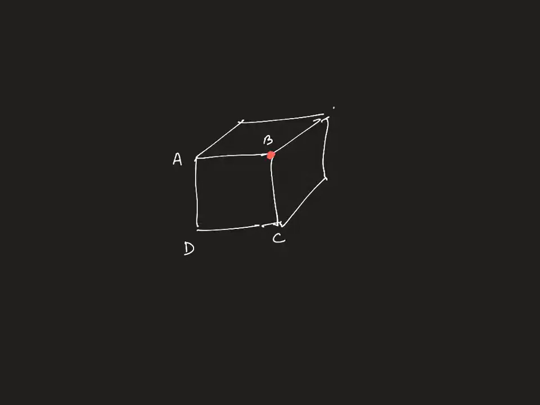Let's say there is a charge at the corner. Let me mark it A, B, C, D, E, F, G. H is not visible, I'm not going to draw it.